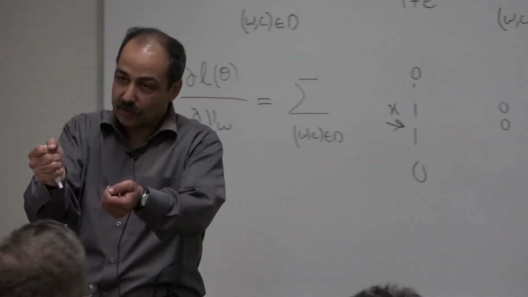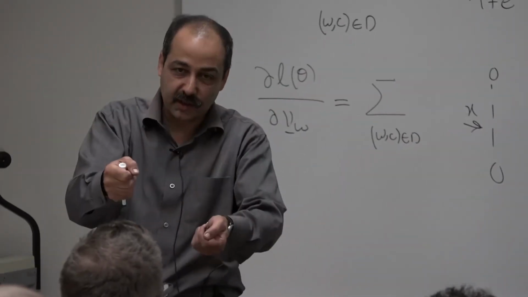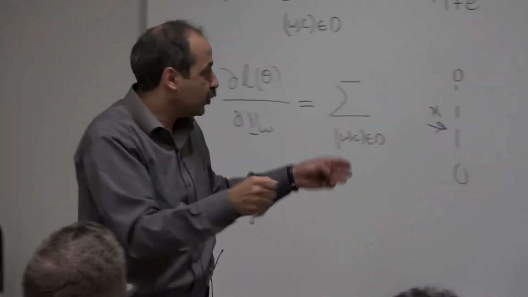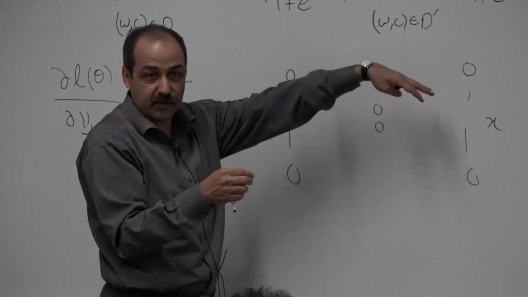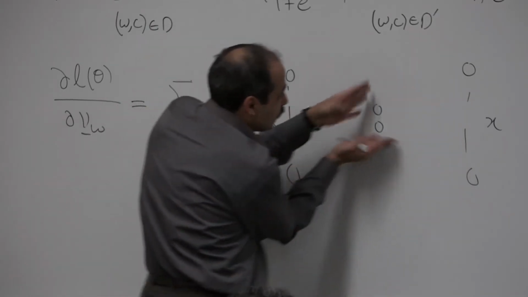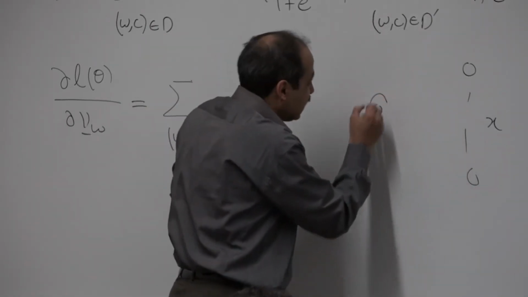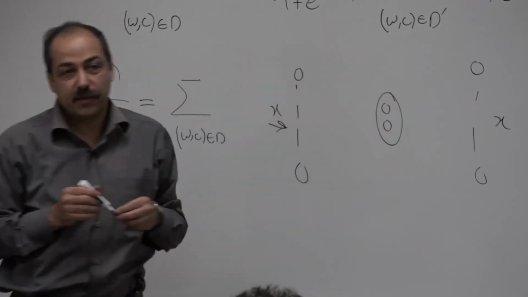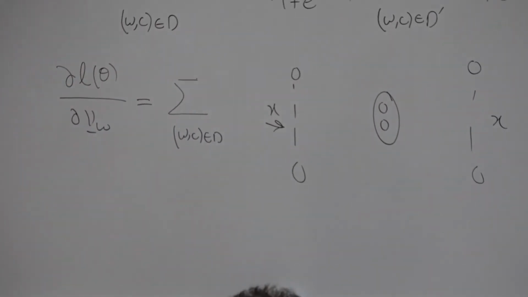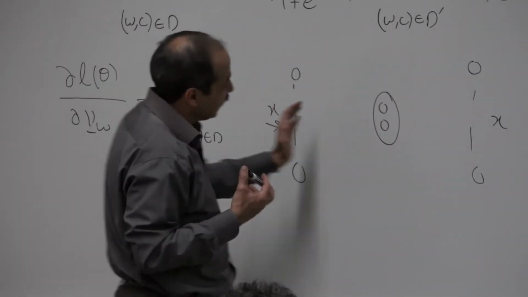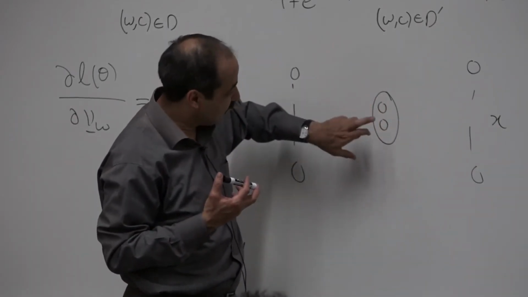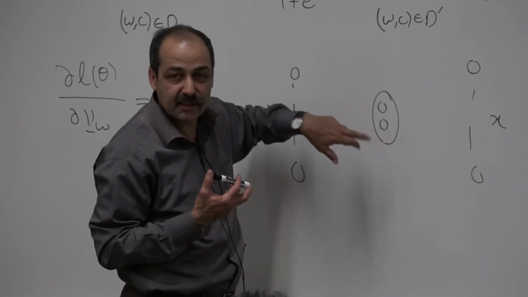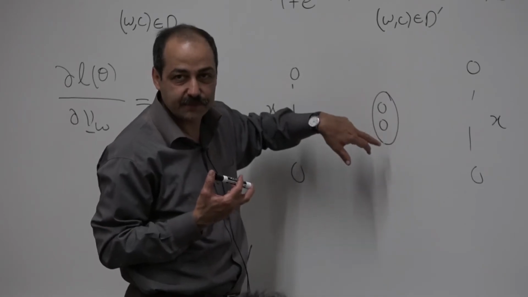So I give X to the network. I want to reconstruct X. Through these weights, I go through this bottleneck, and this is basically my low-dimensional representation of the data. You can prove mathematically that if you have a linear autoencoder, the basis here is exactly the same as the basis of PCA.